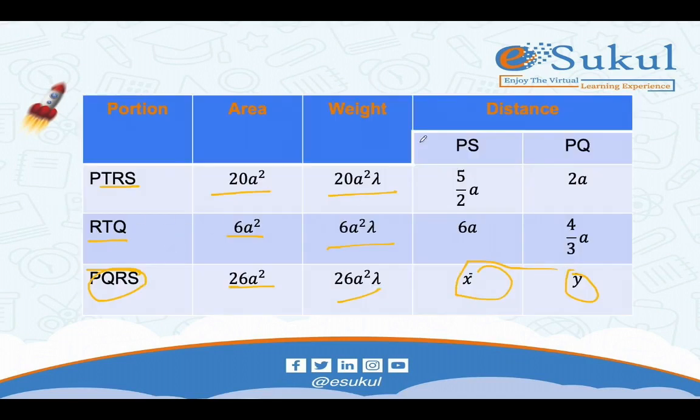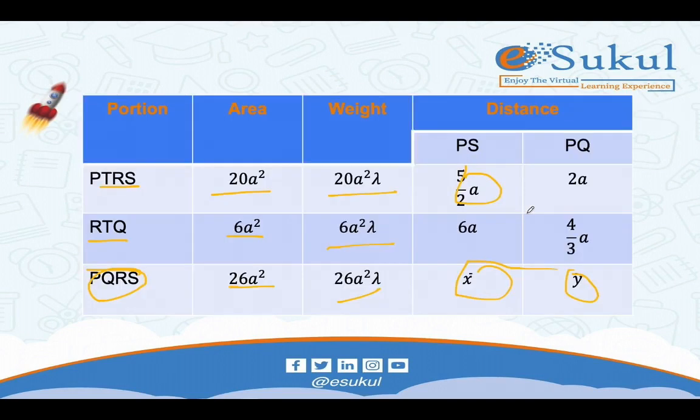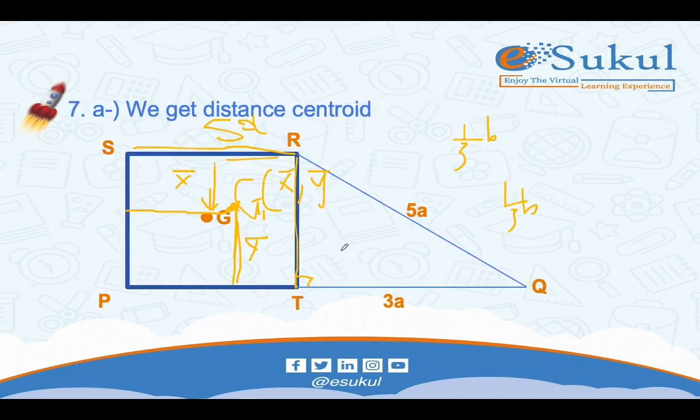Then for the right angle triangle, we remind ourselves that the centroid is always 1/3 from the base and 1/3 from the height. So to know the distance covered by the right angle triangle with PS, we need PS. It's from here to here, and from here right up to here.